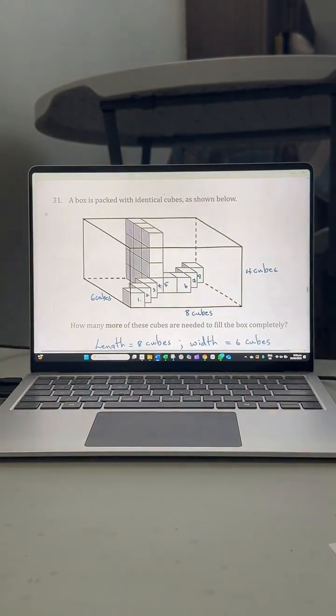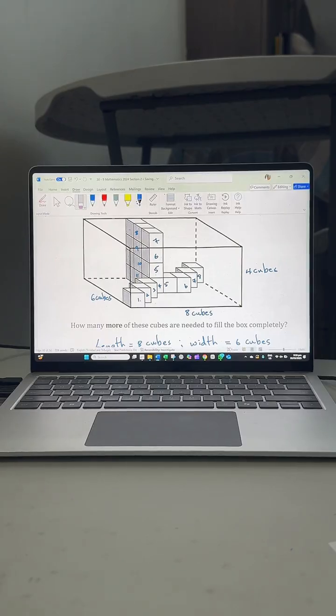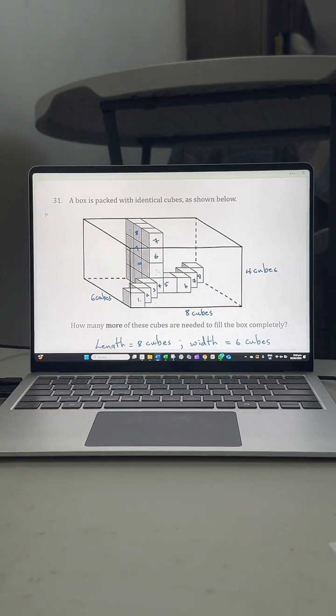I already counted 4, which was this one, so we count the one behind it. 4. So let me go here. 5, 6, 7, and then we have 8, 9, 10, 11. Hold on. We had reached 8.